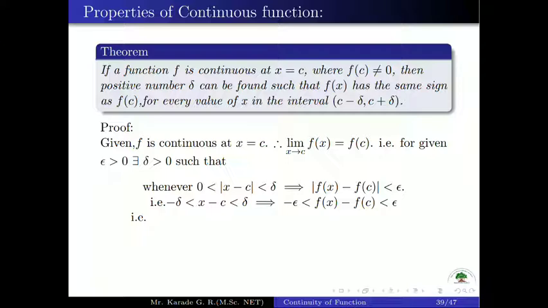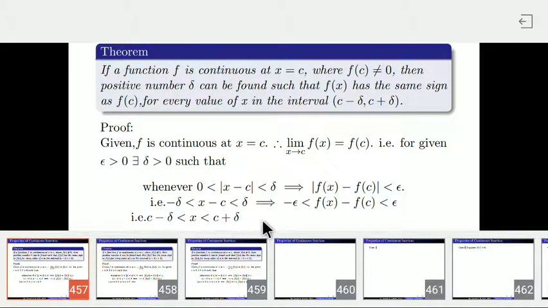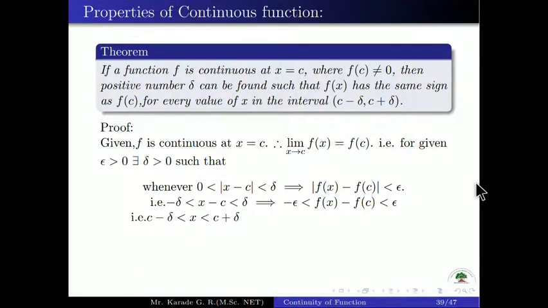That is, x is greater than c minus delta and less than c plus delta, and this must imply f of x is greater than f of c minus epsilon and less than f of c plus epsilon.